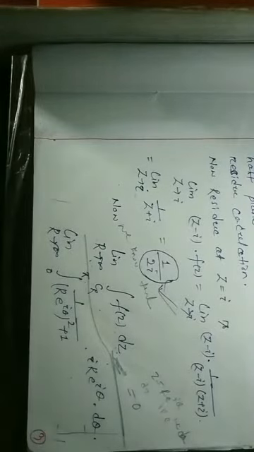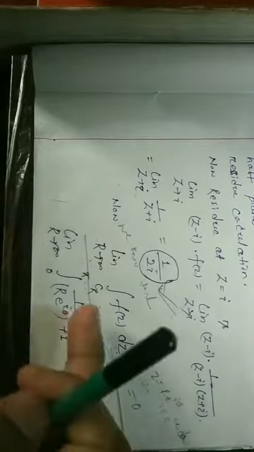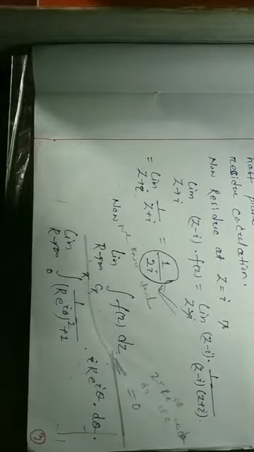After putting z and dz, we find the limit as r tends to infinity of the integral from 0 to pi of 1 by r square, i r e to the power i theta d theta.